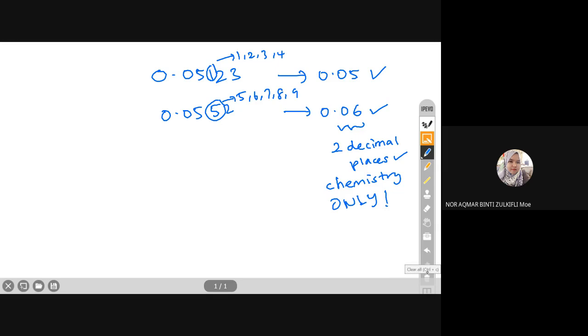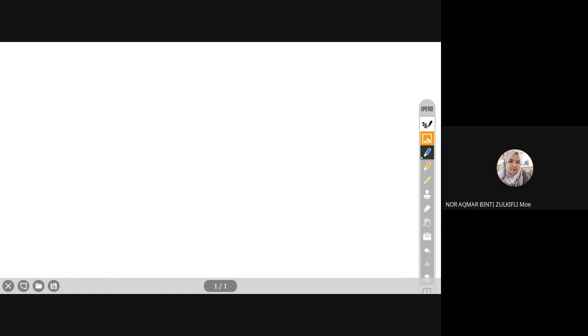Okay, the last one. Okay, so volume pula. Okay, tadi kita dah discuss mole dengan Avogadro, mole dengan mass sudah. Okay, now kita nak discuss volume pula. Okay, ini last pelajar. So nanti esok kita continue.